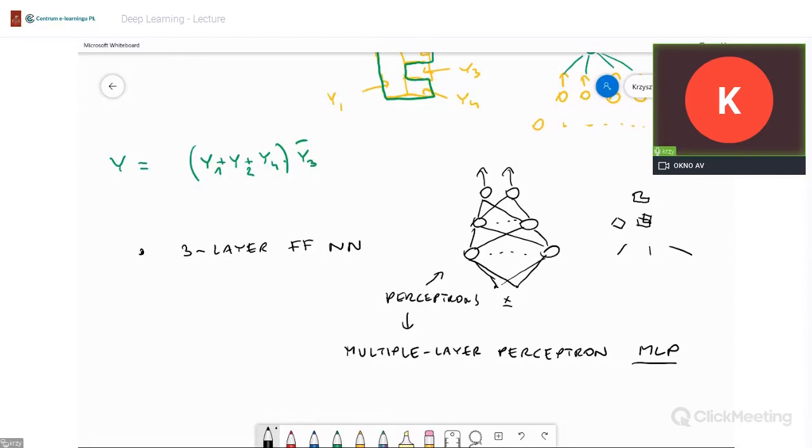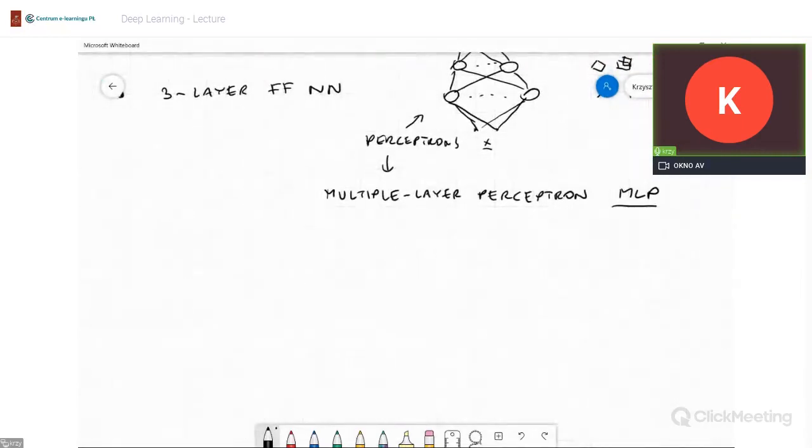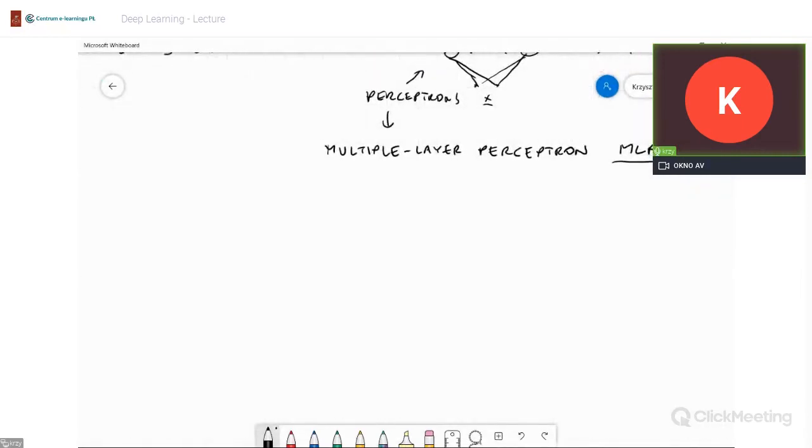Okay, so just to conclude, what I have presented you is that a neural network is an idea for transforming data, transforming information in very general terms. And one of the purposes of this transformation could be data classification.